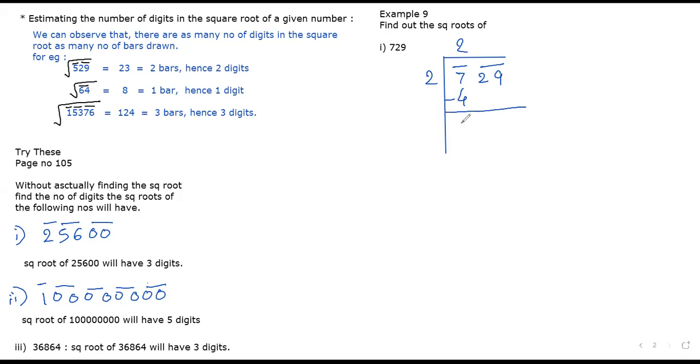Remainder is 3. Carry 3 down and take 29 down. 29. 2 is over there, so add a 2: 2 plus 2, 4 with the gap. Now wait. Now children, see one more thing. There are 2 bars, that means a 2-digit answer is going to come. I will not try 1 1s because 1 1 is 1.